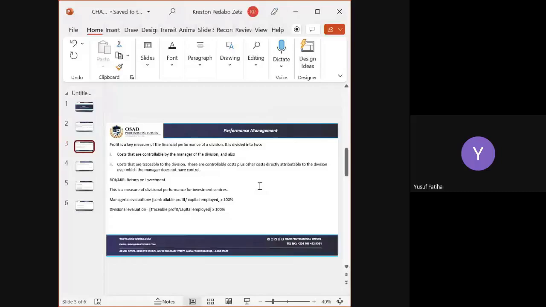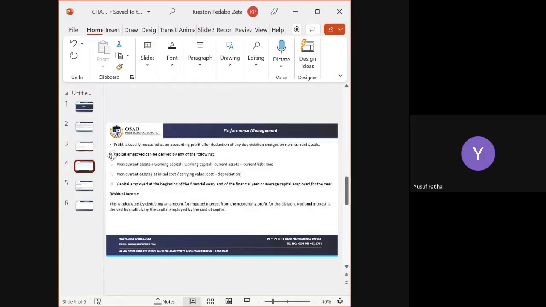That is controllable profit plus other costs directly attributable to the division where the manager does not have control. That is what forms our traceable profits. Then we divide it by our capital employed multiplied by 100%. We are going to solve it as the class proceeds.